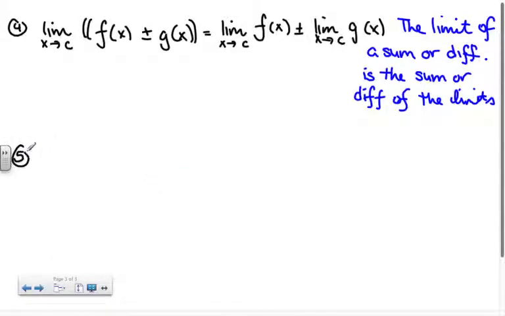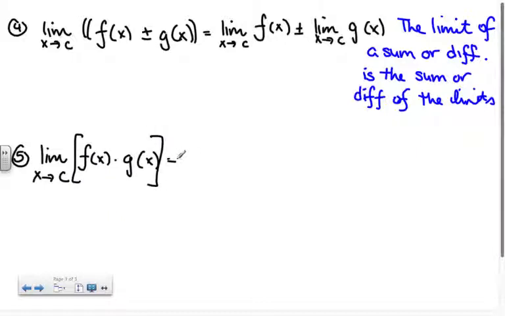Number 5 is the product rule. The limit of the product is the product of the limits.